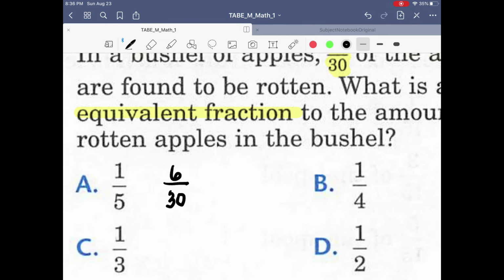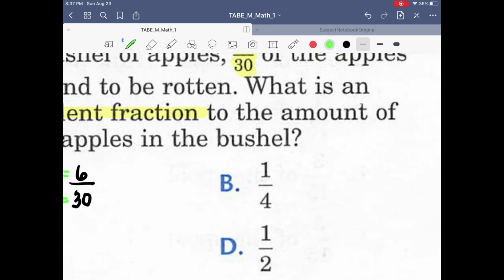Let's take this one. Whoops, giving it away. 6 out of 30. So let's see if we can build this up to work. 1 times 6 is 6, and 5 times 6 is 30. So that's one of the answers, and I believe we only have one this time.